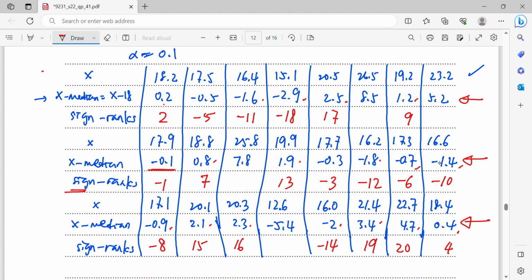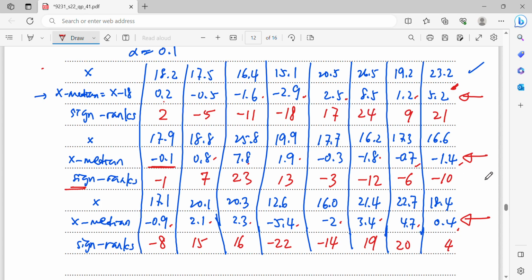So this is side rank 20. And then after 4.7, it is followed by 5.2. So this is side rank 21. My next value after 5.2 is negative 5.4. This is side rank negative 22. Then now left only two values, 7.8 and 8.5. So 7.8 is 23. 8.5 will be 24. Okay, so all these are the side ranks.